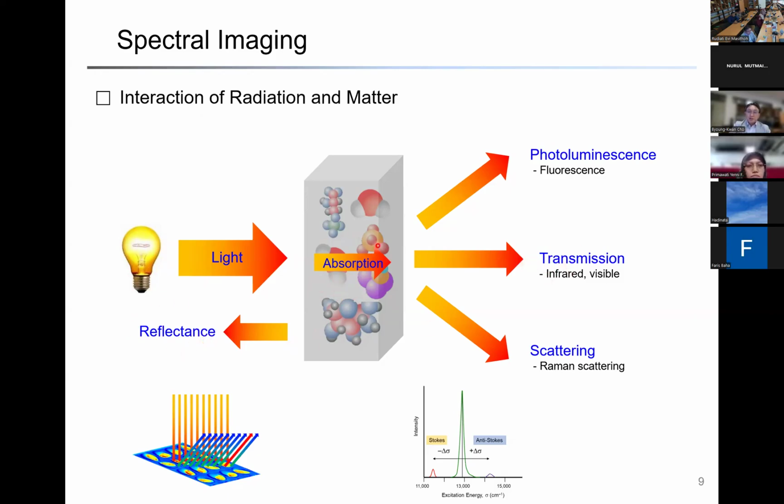So reflectance, absorption, and transmission, and some of it is scattered and comes out from the material after scattering, and there is photoluminescence like fluorescence, if there is a fluorescent material inside the material. Using those interactions, we can collect the spectrum from the material.